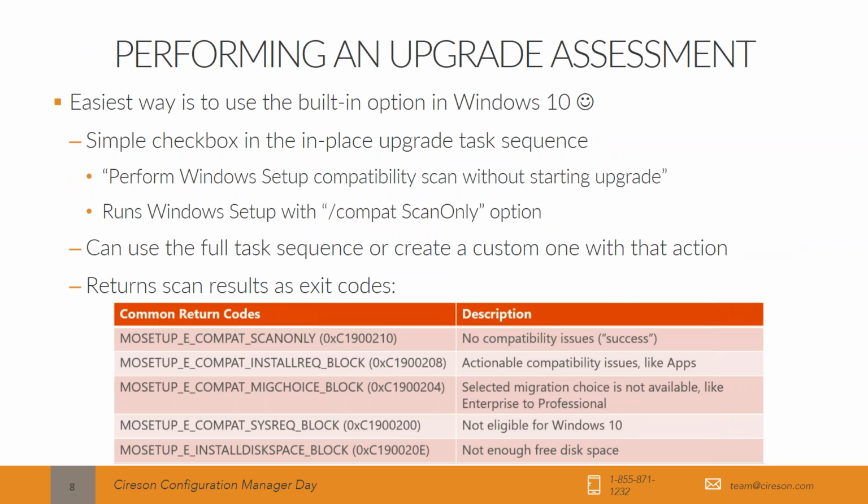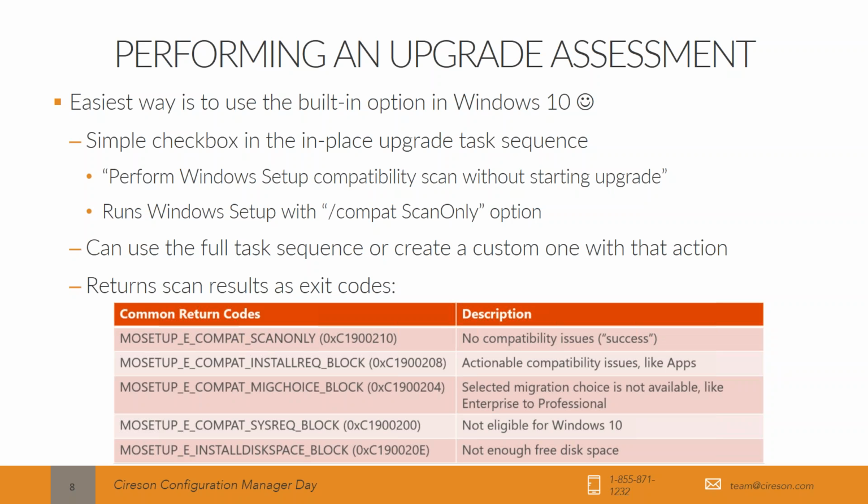Now, this slide talks about a pretty decent way of performing an upgrade assessment to find out which computers you have that are able to be upgraded. So the easiest way to do this is use a built-in option in Windows 10. It's a checkbox in the in-place upgrade task sequence, and it says to perform Windows setup compatibility scan without starting upgrade.